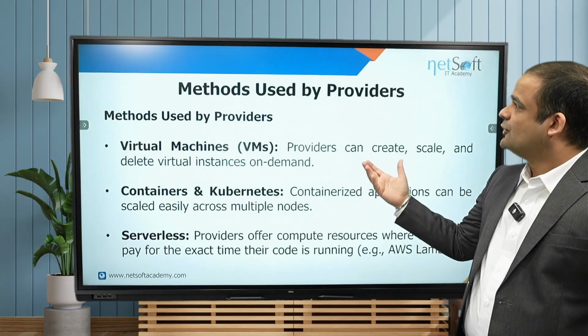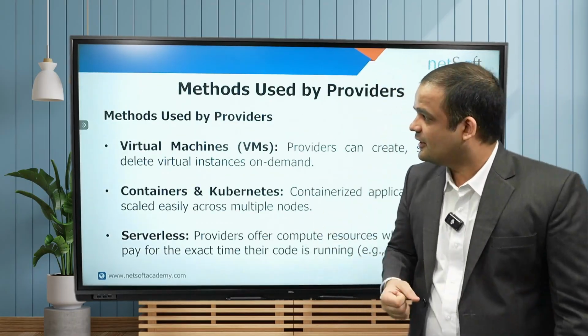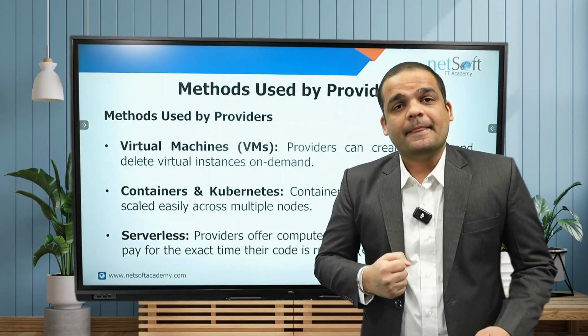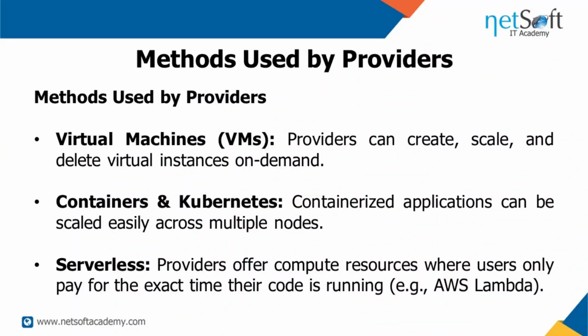Now, some methods used by the providers. Let's discuss some more. The first one is elastic VMs, or elastic virtual machines. Here, cloud providers can create, scale, and delete virtual machines or instances on demand to meet your needs. The next one is pretty famous. That is containers and Kubernetes. Containers allow applications to scale very easily.